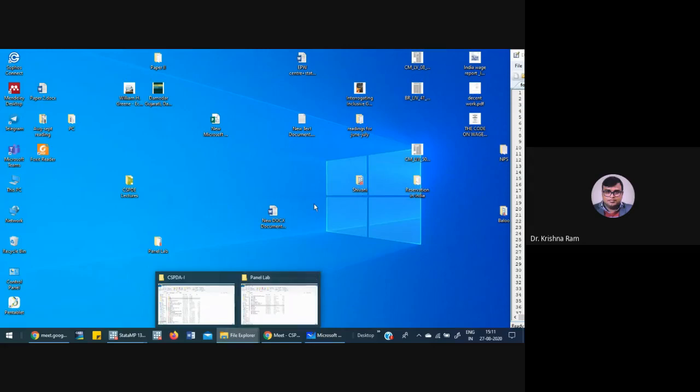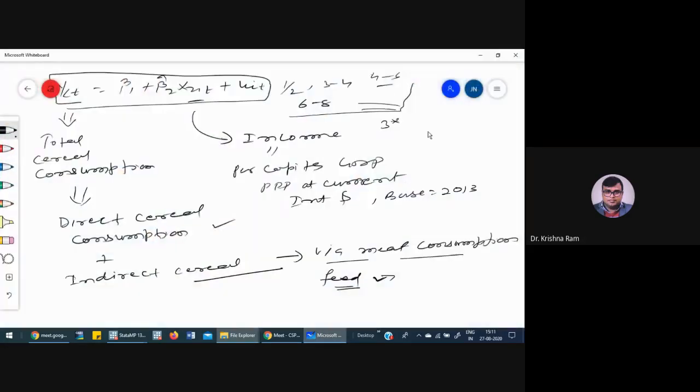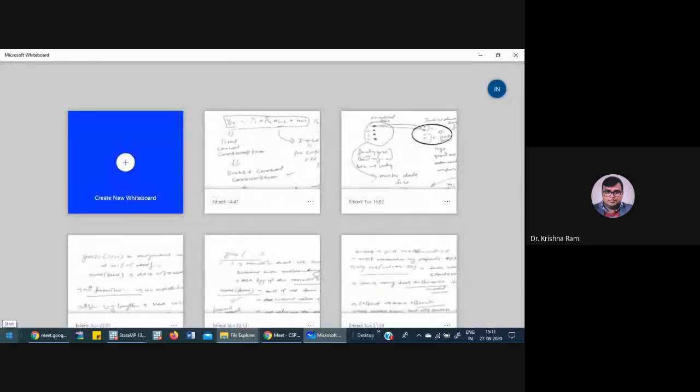In the Indian case, Utsa Patnaik showed a figure in which total cereal consumption is declining in India despite a conventional rise in per capita income.